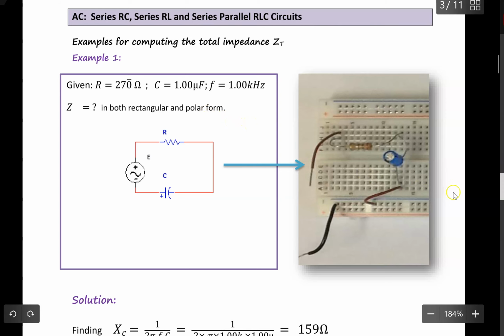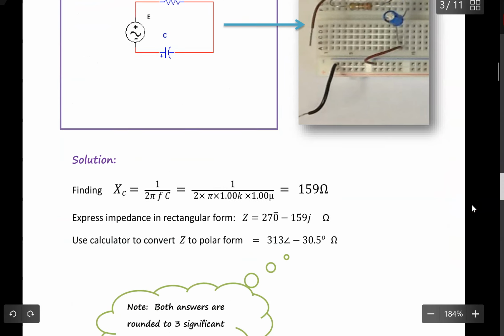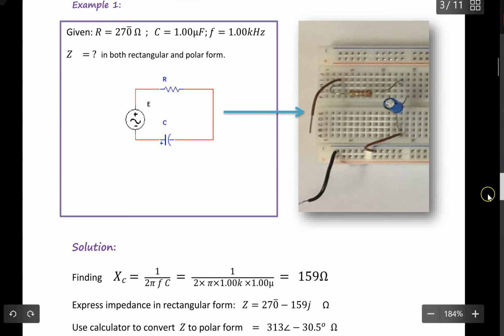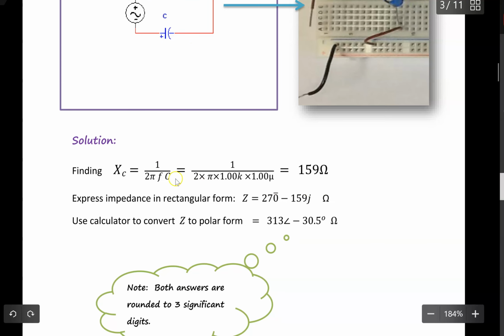So the solution is, because I have an RC circuit, I need to calculate my capacitive reactance using the formula 1 divided by 2 times pi times frequency times the capacitor. So key in all the values into your calculator. I have the capacitive reactance equal to 159 ohms.